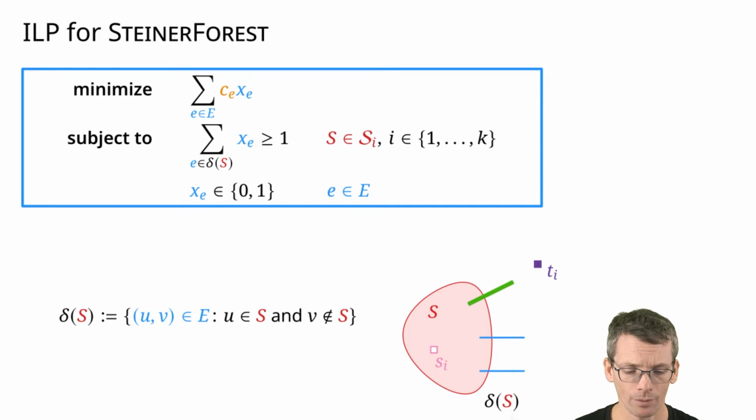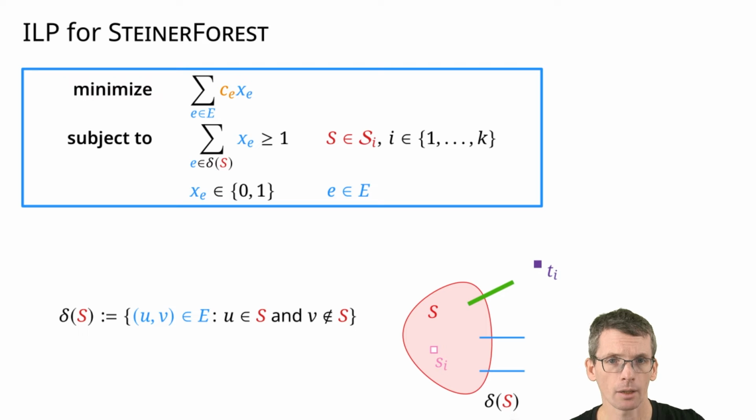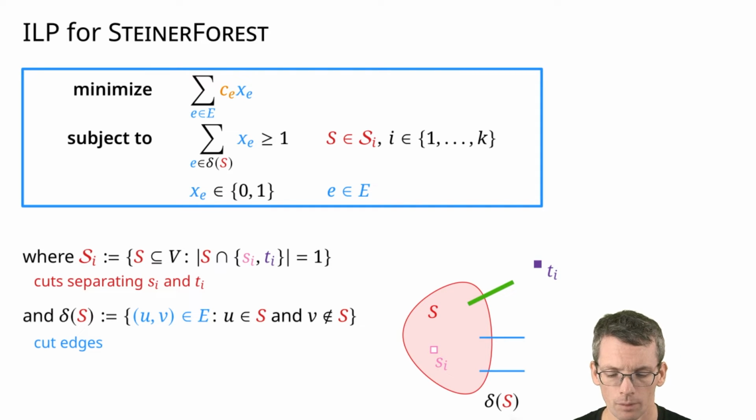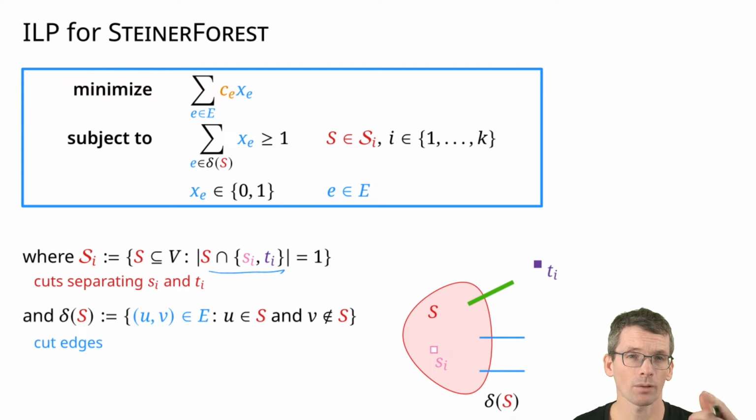And I want to have this for all components with si in it and ti outside, or ti in it and si outside. So this is my big S_i. This is defined as simply the components with only one of those two. And so these are cuts separating si and ti, and the delta S are then the corresponding cut edges.